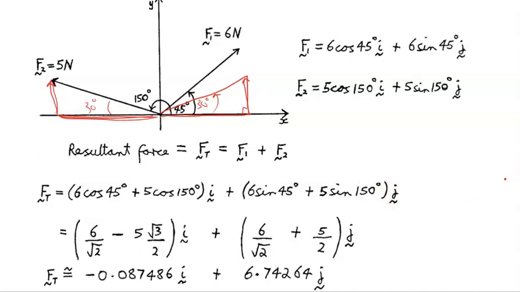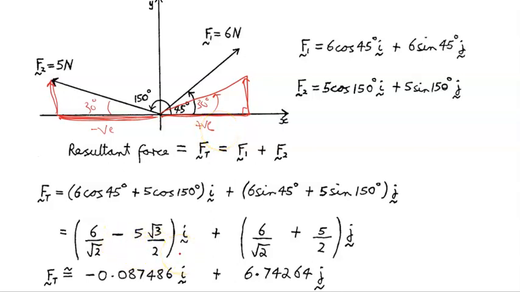Cos of 45 is 1 on root 2, times 6. 5 cos 150 degrees will give you root 3 on 2, because, as I pointed out earlier, cos 150 degrees is the same as cos 30 degrees in this direction, and then negative, because we've got to go this way. This length here is the same as this length here, but this is in the negative direction and this is in the positive direction, so put a minus there.